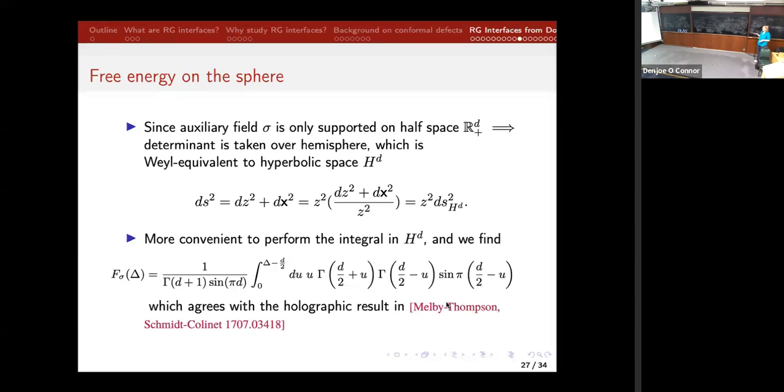So we found that it was more convenient to perform the integral in H^D. The result we got for that was this integral that you see here, which also agrees with the holographic result found in this Melby-Thompson paper.